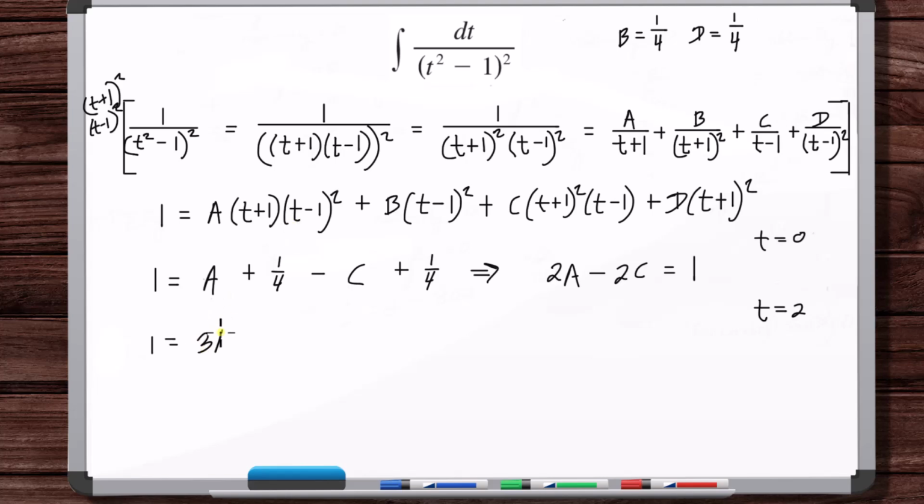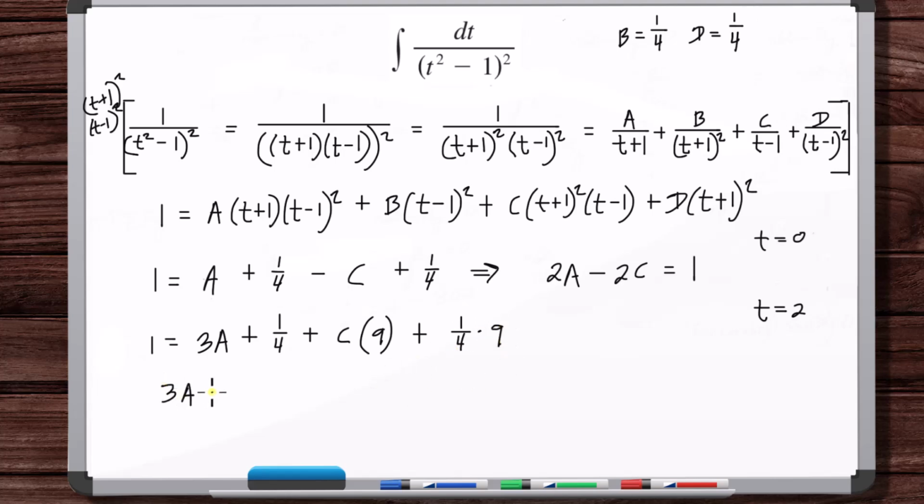So 3a plus 1/4 times, okay, 2 minus 1, so that's just 1/4, plus c times, okay, 2 plus 1 is 3, 3 squared is 9, 2 minus 1 is 1, okay, plus d, okay, t plus 1, so times 9.